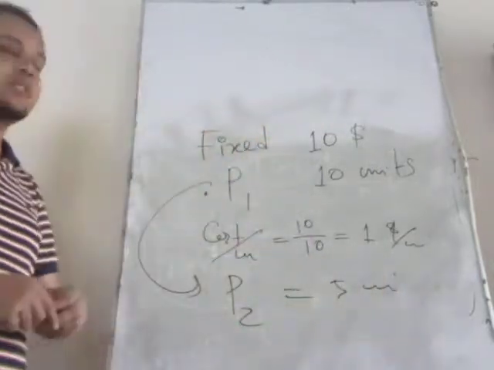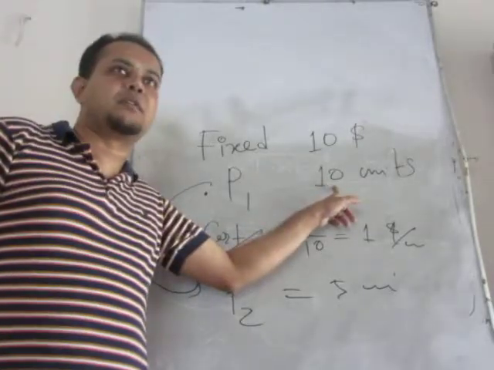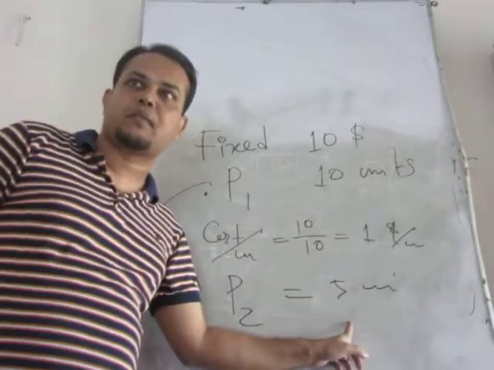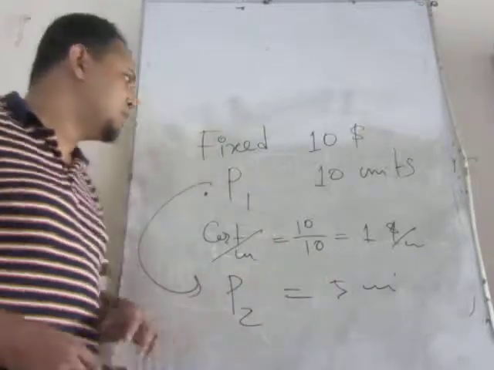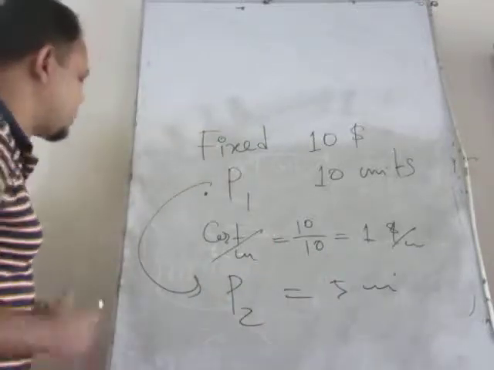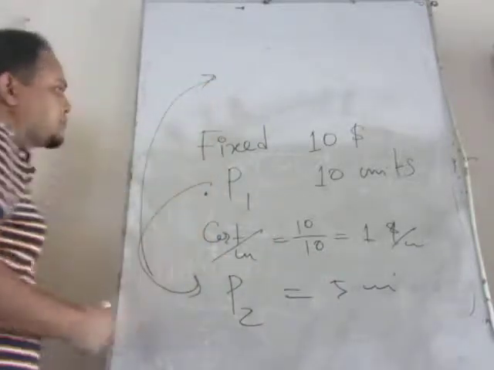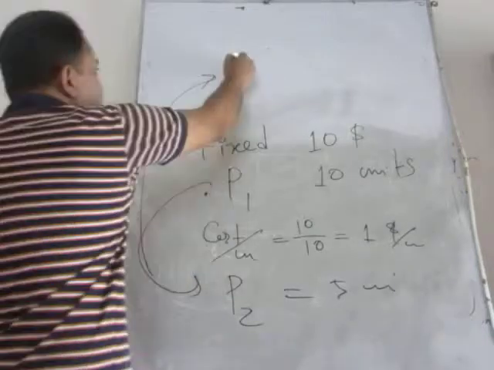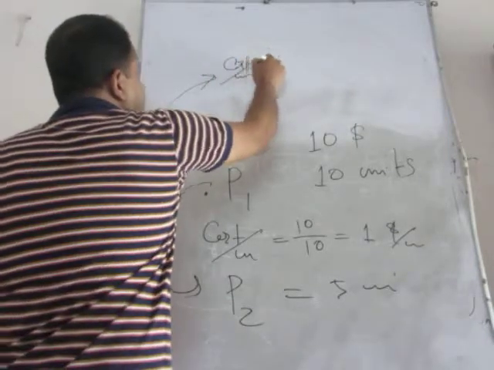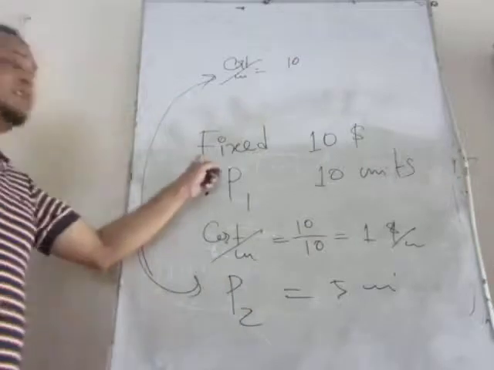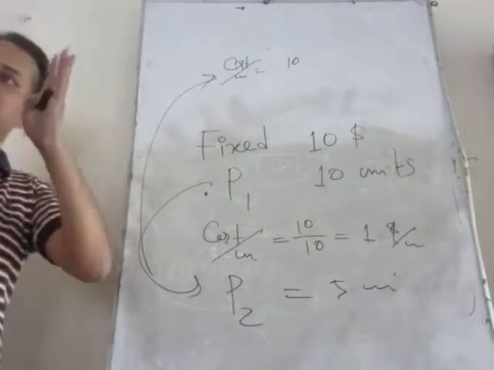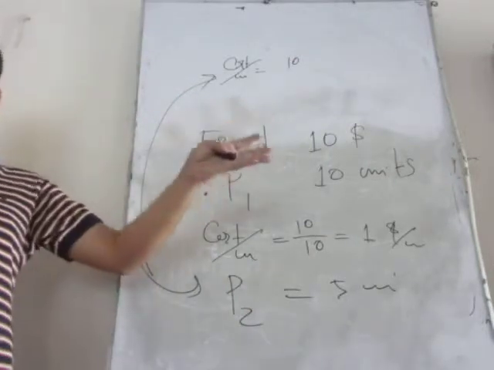If you reduce 50%, কমলে কত হবে? 5 ইউনিট হবে না? বুঝা গেল? Now what will be the cost per unit? The cost is 10. As this is fixed cost, it will remain unchanged whatever the level of activity is.